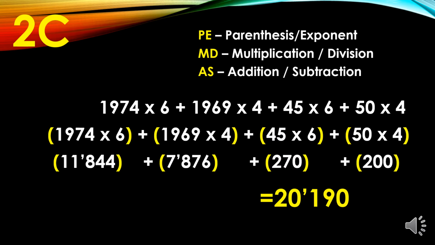In the case earlier, addition and subtraction were both present, so we go left to right because they are on the same precedence. Here, addition and multiplication are not in the same precedence, so we multiply first, get the product, and then add the products.